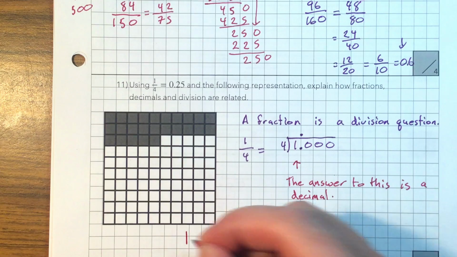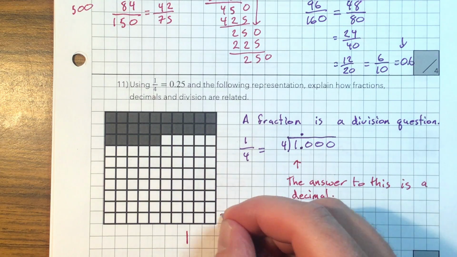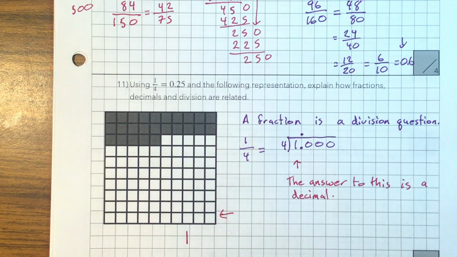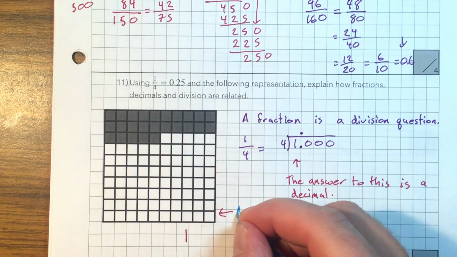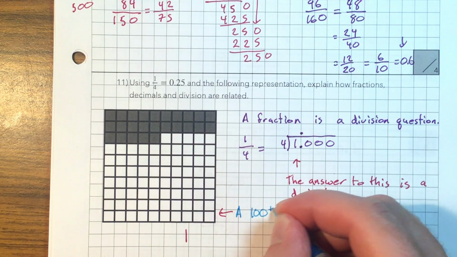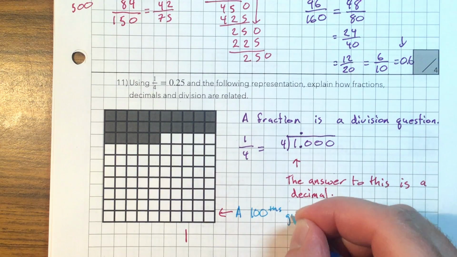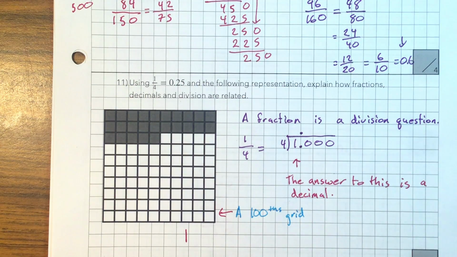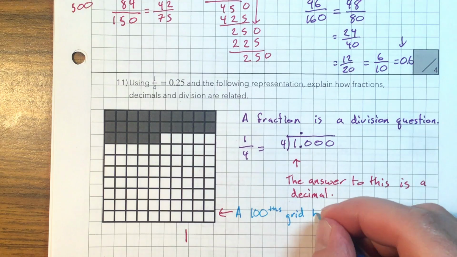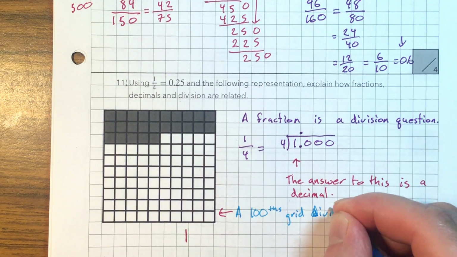Right, on this one, what we have here is a hundredths grid, a 1/100ths grid divided into 4 parts.